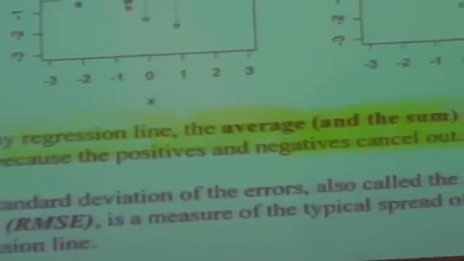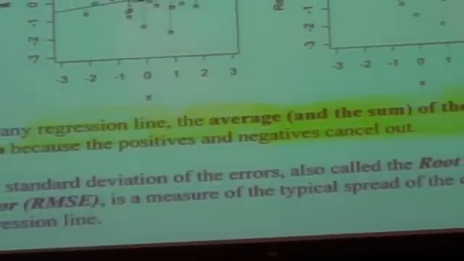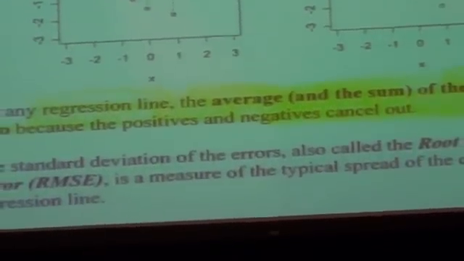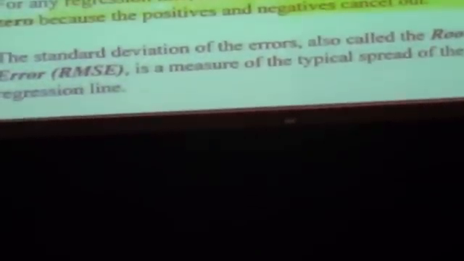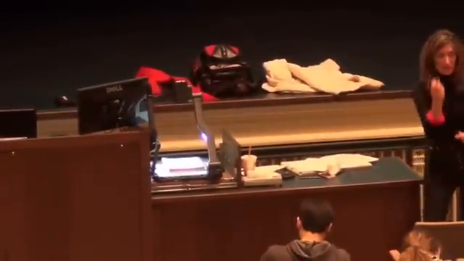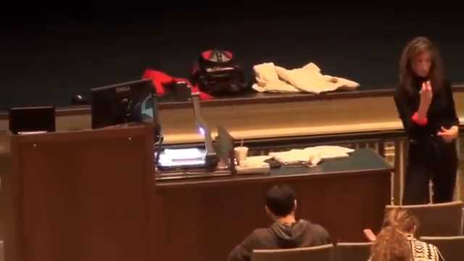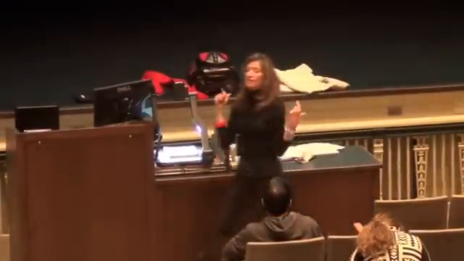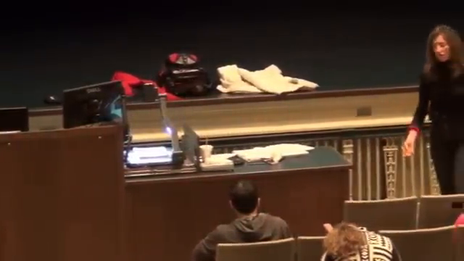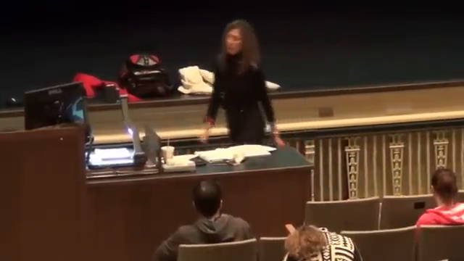Remember, the average of the deviations is always 0? Because the positives and the negatives cancel out. Well, these are deviations from their regression line. They really are deviations from the average within each vertical strip, so it's the same thing. And that's why I can't just give you the average error, because the positives and negatives would cancel out.